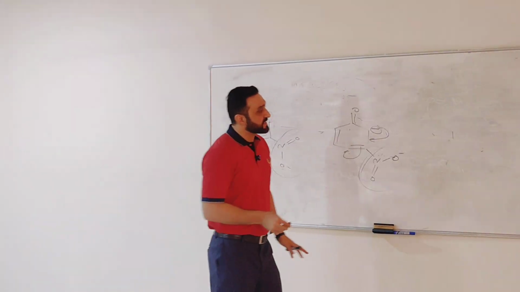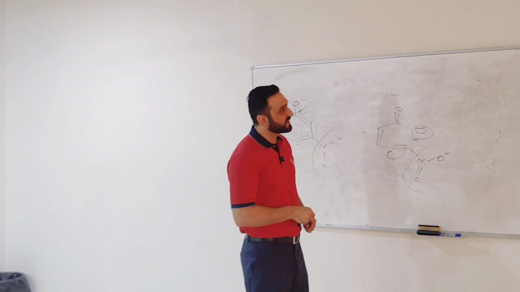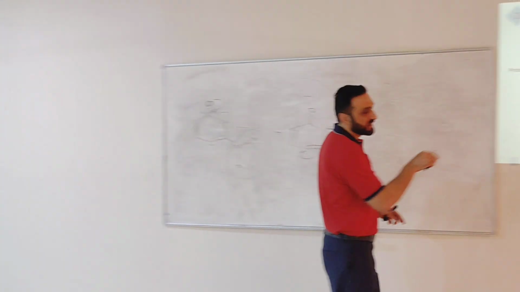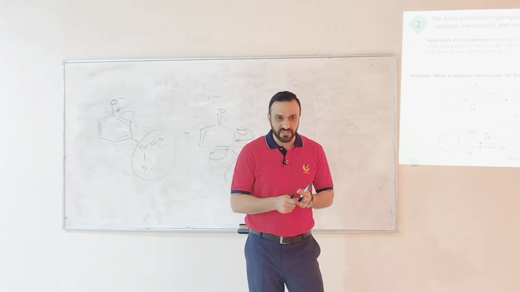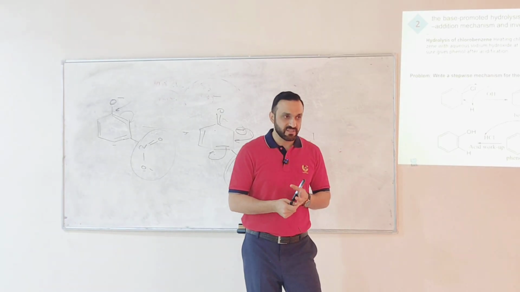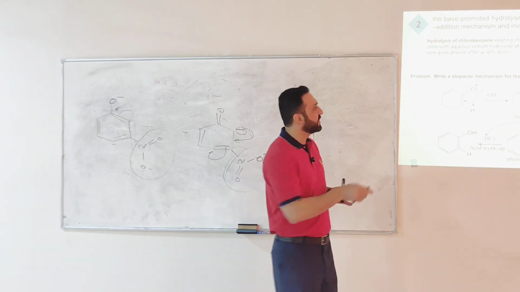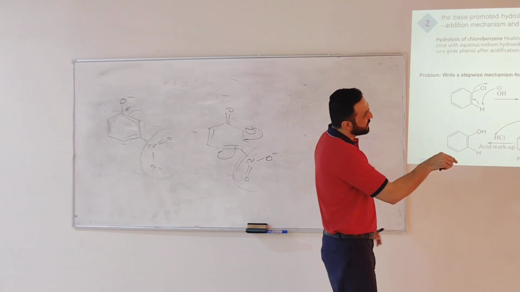A problem here. It says hydrolysis. The hydrolysis of chlorobenzene. What does that mean? Hydrolysis is a reaction with water in an acid medium or basic medium. Here we use basic medium, NaOH, H2O.